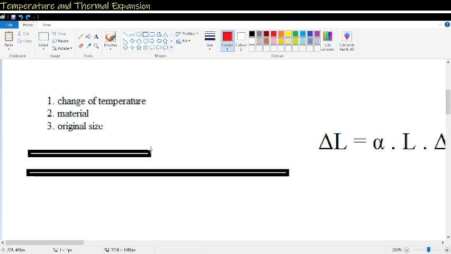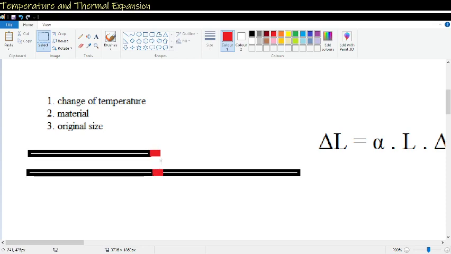So let's say the first object expands this much, the red one is the expansion. It means the second object, let's say I can split it like this, of course the first half will expand this much, because they have the same material and they have the same increase of temperature. Of course the expansion will be the same.